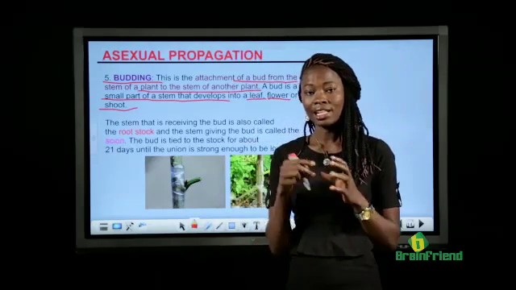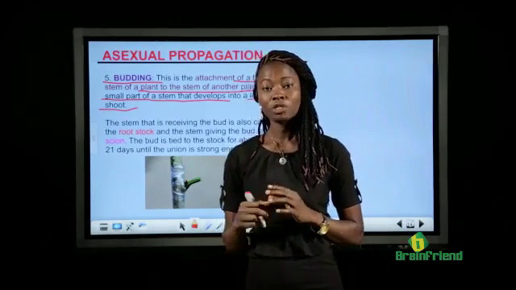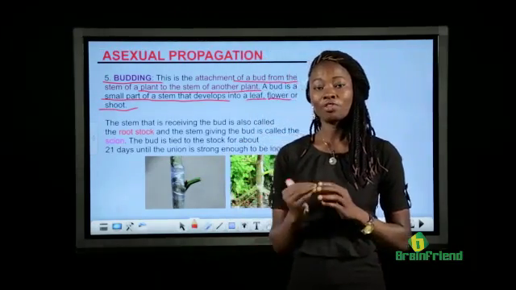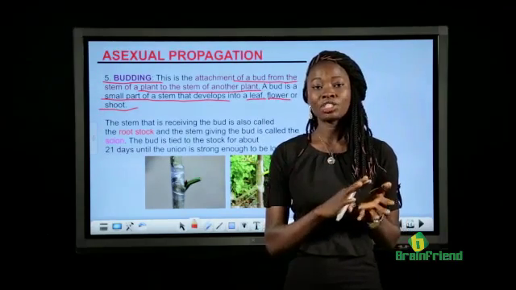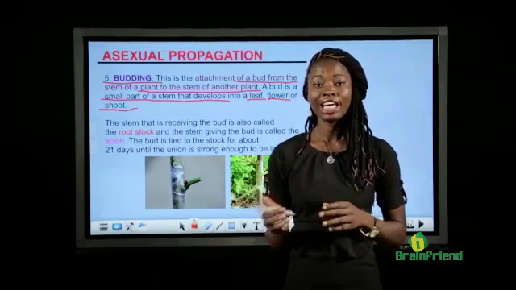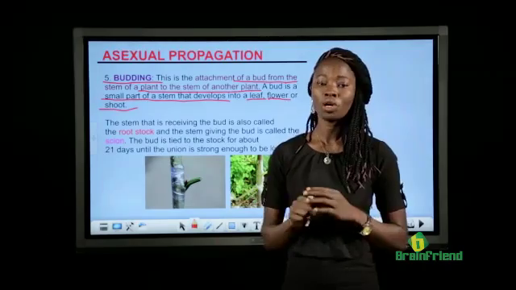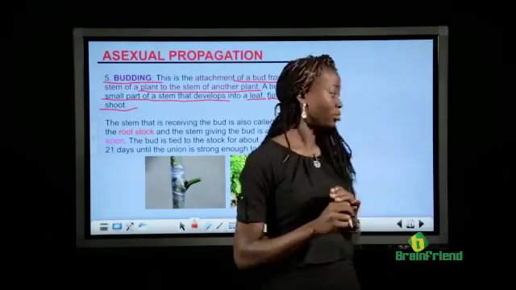So they're usually tiny pores found in the stems of plants. When these buds are disconnected from a plant and attached to the stem of another plant and left to grow into a new branch of a plant or a new plant, we call that method budding.